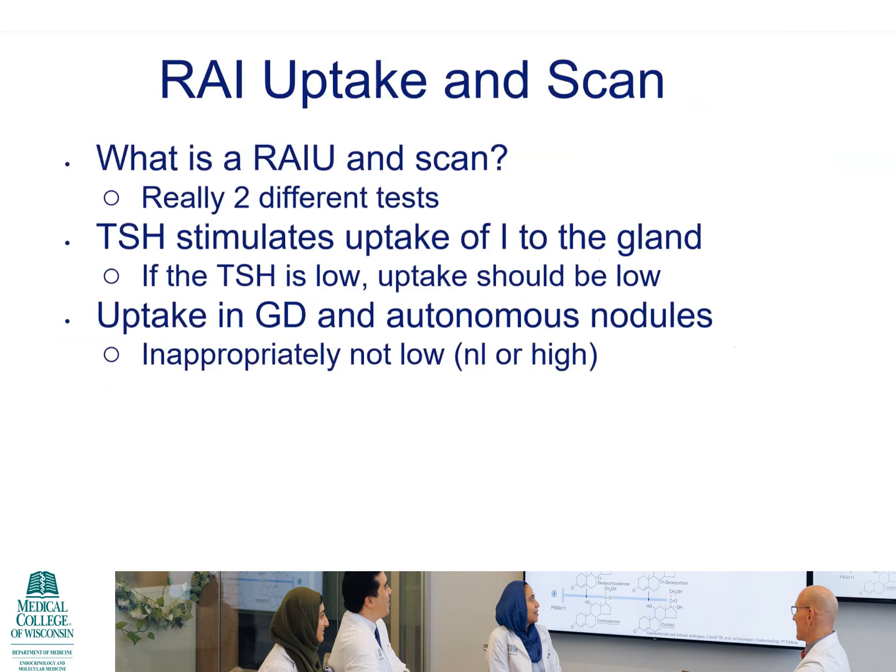And in people who have autonomously functioning nodules, those nodules are working despite the fact that there's no TSH, and so those nodules pick up iodine as well. And then the scan part is an actual picture of where in the gland that iodine went.